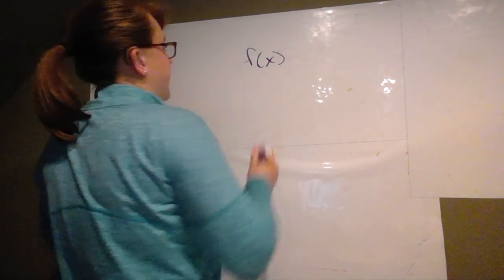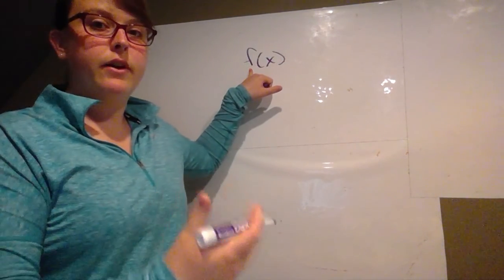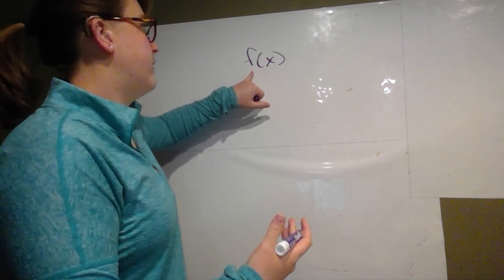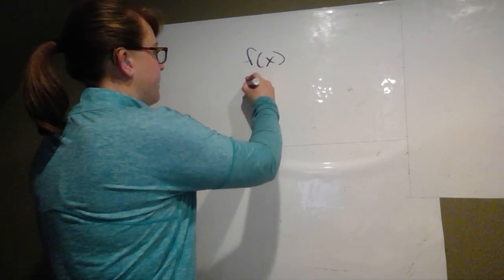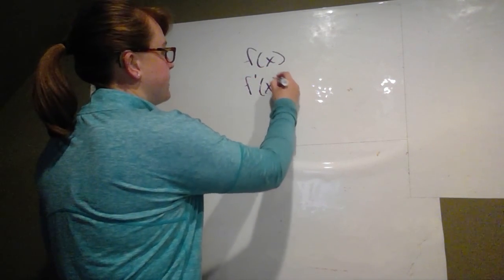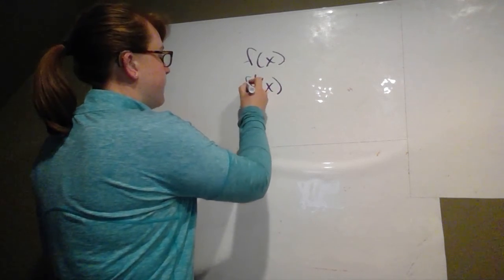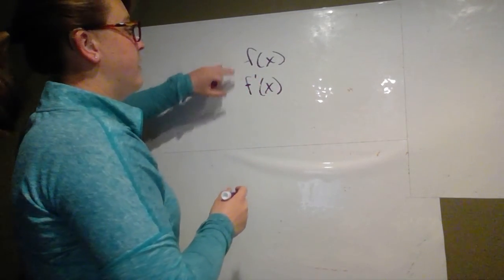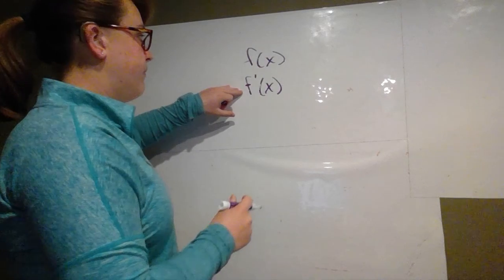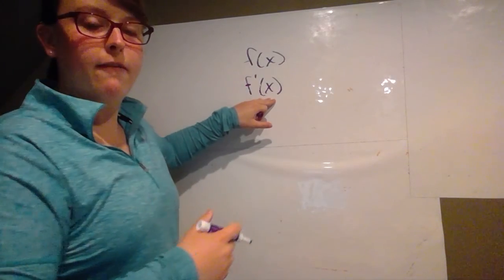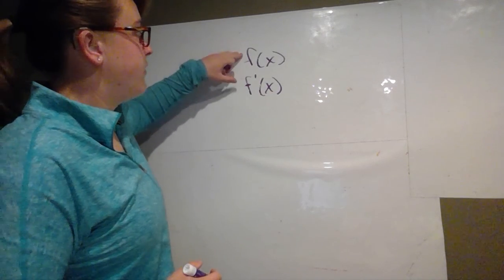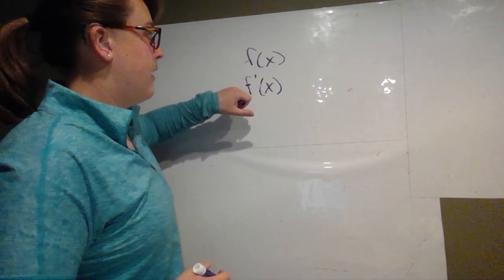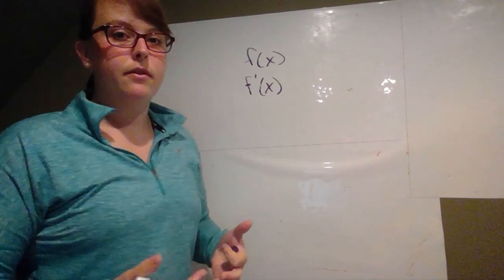because if I start with a function f of x, and I take the derivative of that function using my limits and everything, the new function that I get, f prime of x is what we call it, is the function of the derivative of this function. So if I plug in any value for x, I should get the instantaneous rate of change of this function at that x value.